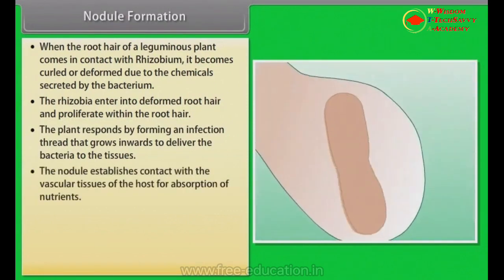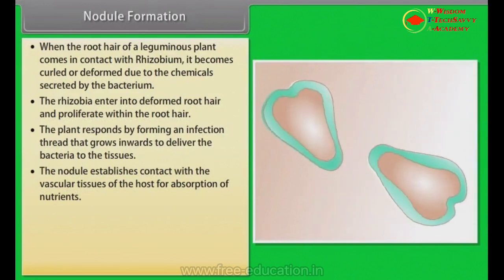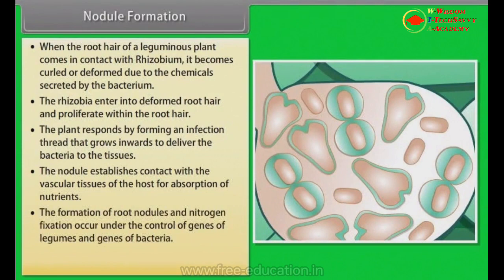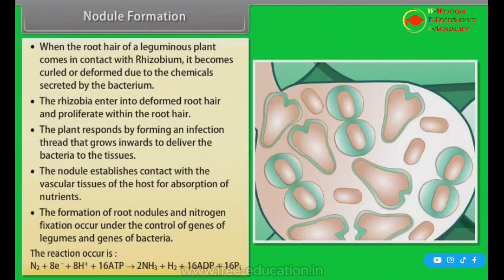The nodule establishes contact with the vascular tissues of the host for absorption of nutrients. The formation of root nodules and nitrogen fixation occurs under the control of genes of legumes and genes of bacteria. The reaction is: nitrogen plus 8 electrons plus 8 hydrogen ions plus 16 ATP gives 2NH3 plus hydrogen plus 16 ADP plus 16 Pi.